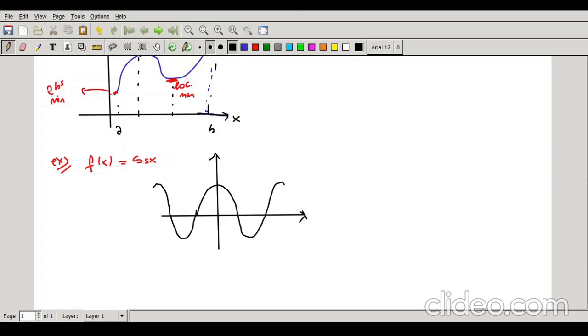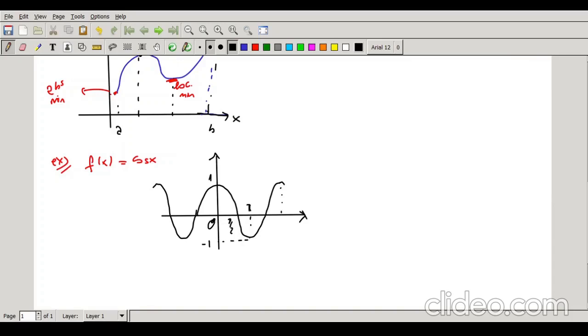It continues periodically up to infinity. So this is 1, this is 0, let me rewrite again. At 0 it is 1, at pi over 2 it is 0, somewhere here it is pi, and it gets the number -1, and so on. It changes periodically in the interval between -1 and 1.